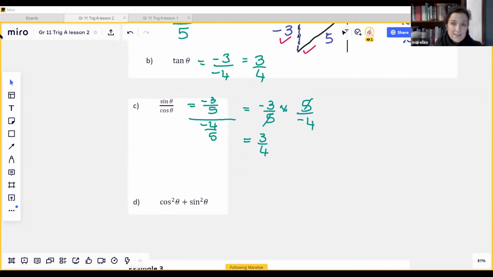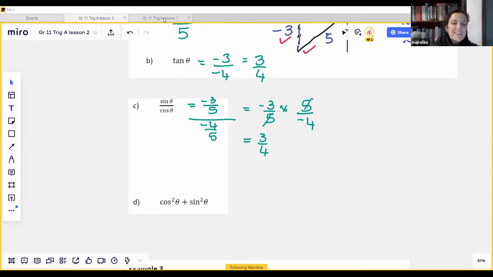Okay, let's see about this one. Let's see if anyone knows straight off the bat what cos squared plus sine squared is. Asamachli says it's 1. I wonder if we can believe her. Everyone's saying it's 1 now. Let's see if it's really 1.